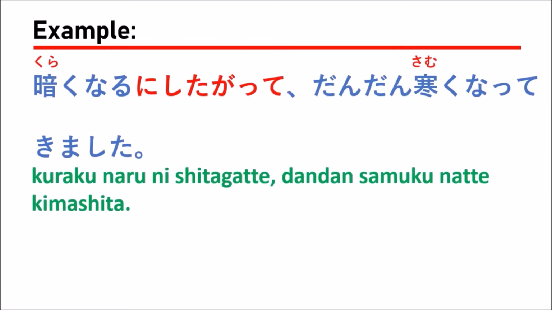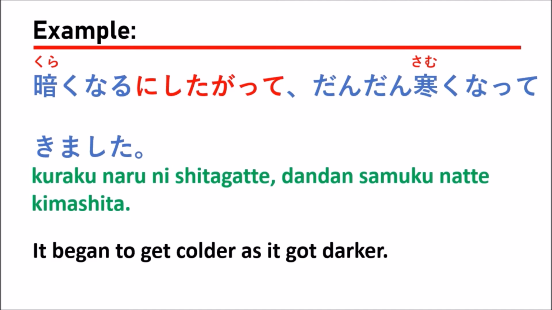The next example. 暗くなるに従ってだんだん寒くなってきました。Which means it began to get colder as it got darker. For this sentence, you see that they use the verb naru, which means become or became, right? In the dictionary form, in the masu form it is narimasu.